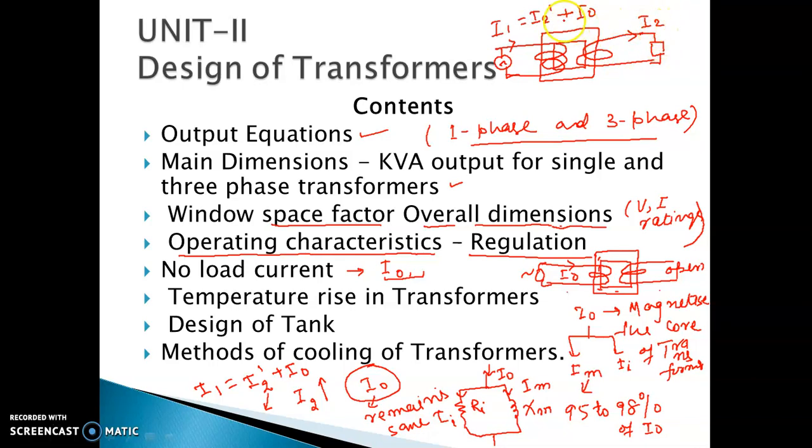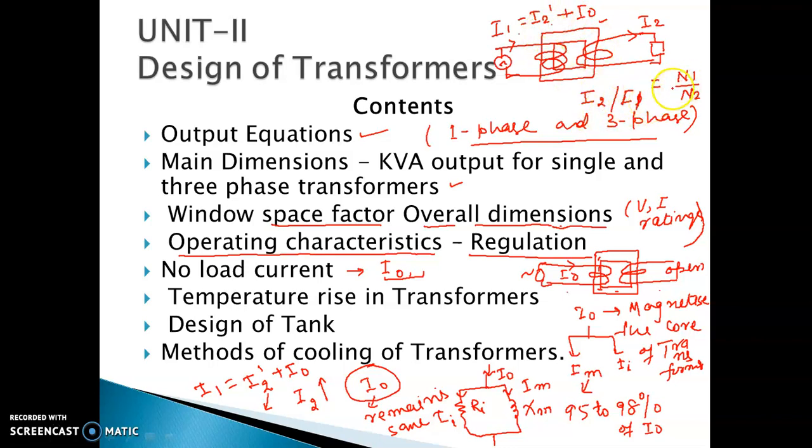If I2 is 0, I2 dash will be 0 and I1 will be I naught. I2 is the secondary current and I2 dash is the secondary current referred to the primary side. The formula you also know is I2 divided by I1 equals N1 divided by N2. Using this relation, I2 dash is obtained.